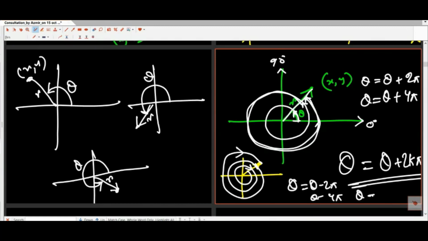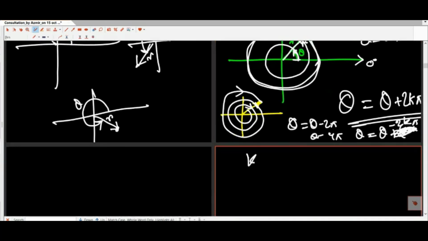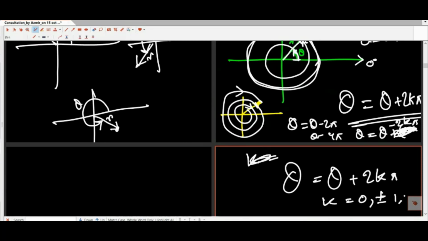So theta equals theta plus 2 negative k pi, that means theta minus 2k pi. Now we can generalize the idea: k can be positive, k can be negative. So theta equals theta plus 2k pi, where k equals 0, plus minus 1, plus minus 2.